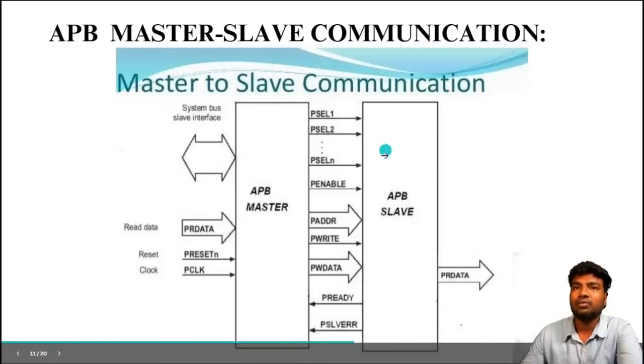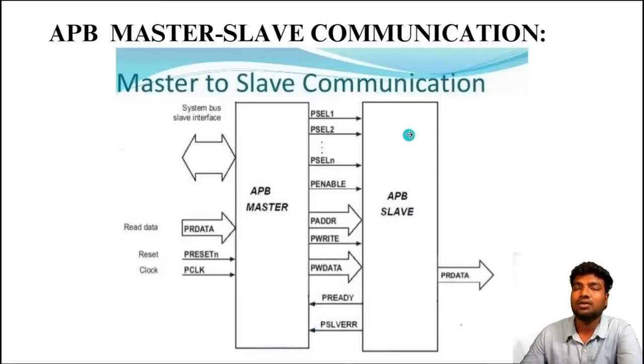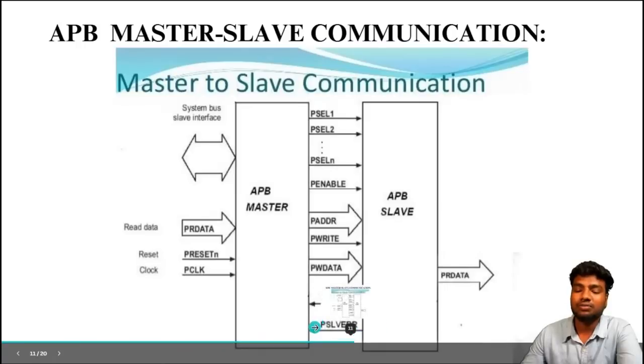If any unknown values or high impedance values occur, or if the write address and write data are mismatched, which changes the write operation, I can indicate it by using this slave error signal.